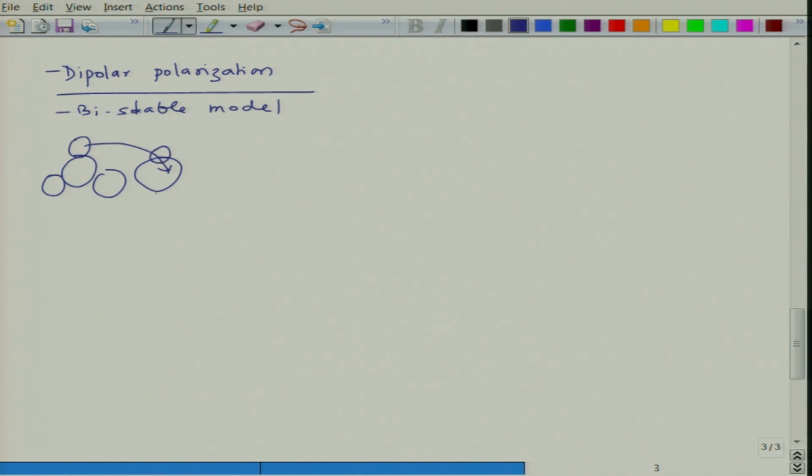So, this atom is basically moving from position 1 to position 2. You might consider this as a rotation of, let us say, a molecule.